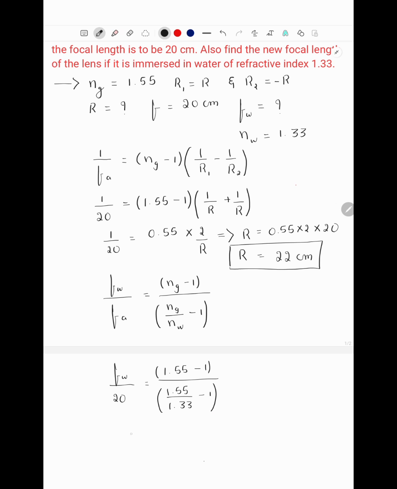So we can write F_W is equal to 0.55 into 20 divided by 0.1654. So F_W is equal to 66.51 centimeter. This is the new focal length when it is immersed in water. F_W is equal to 66.51 centimeter.